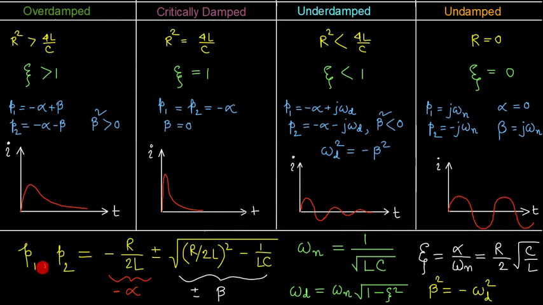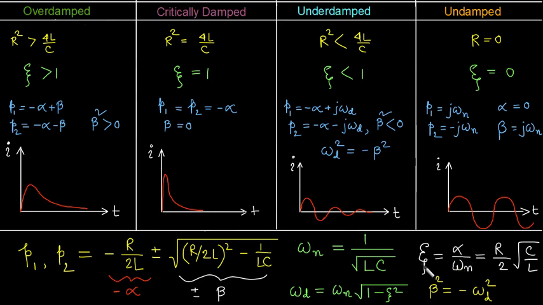Here these are the roots of the characteristic equation, where alpha is R by 2L, beta equals the square root of (R by 2L) whole square minus 1 upon LC, and omega n is the natural frequency of oscillation, 1 upon root LC. Zeta is the damping ratio, the normalized damping factor, that is alpha by omega n.